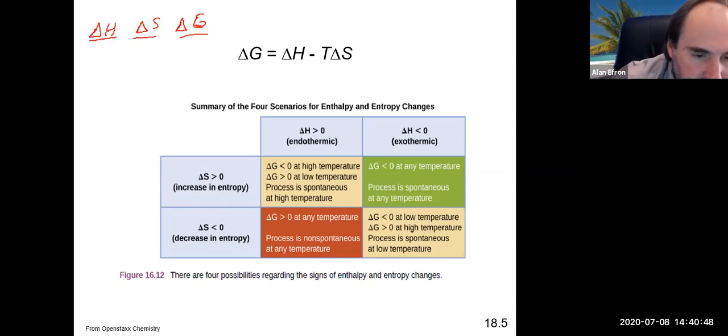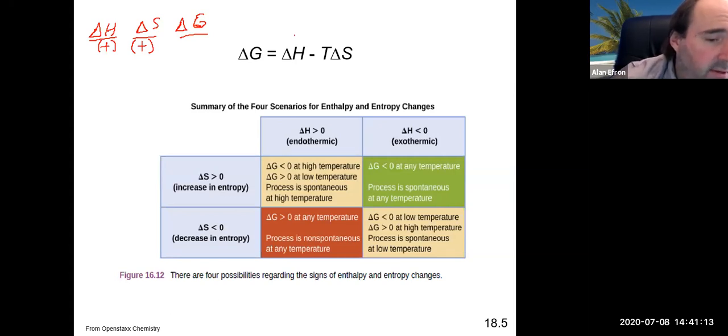That would put us in this box here where delta H is positive, delta S is positive. That means this term is going to be positive and this one will be positive, which means the back end here will be negative.